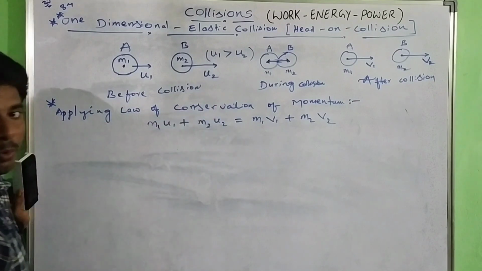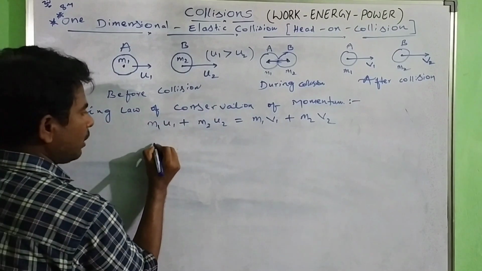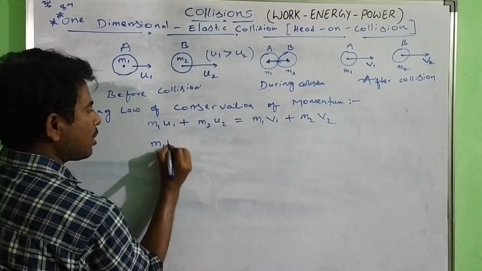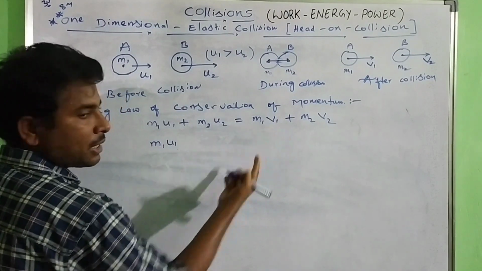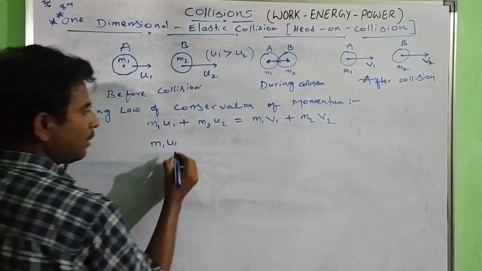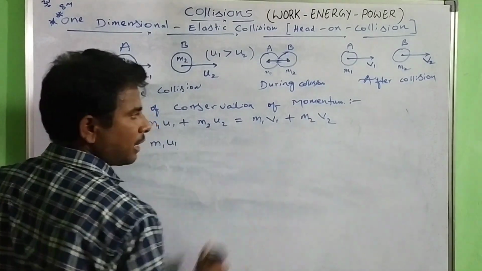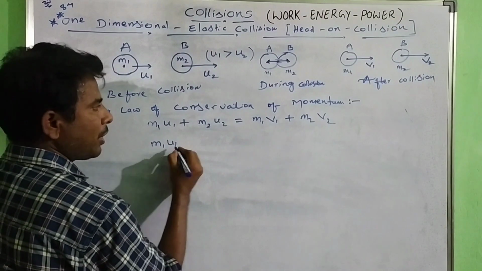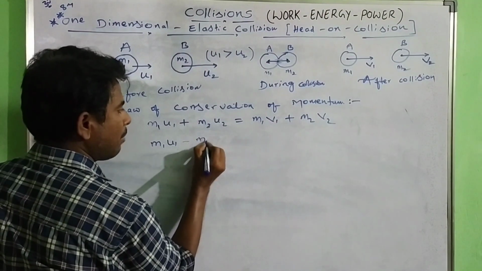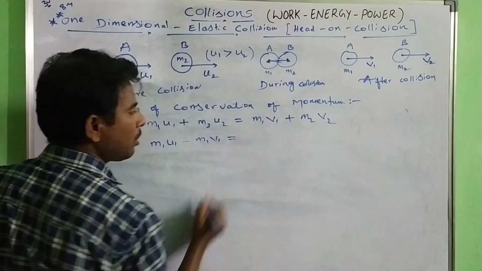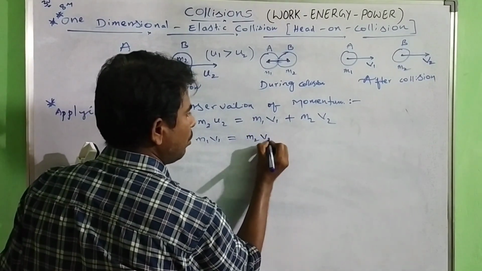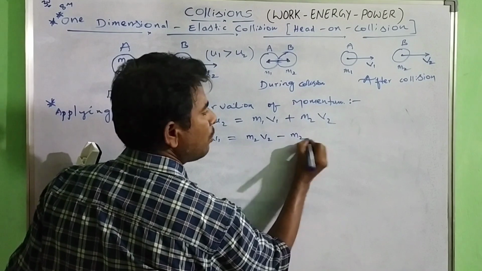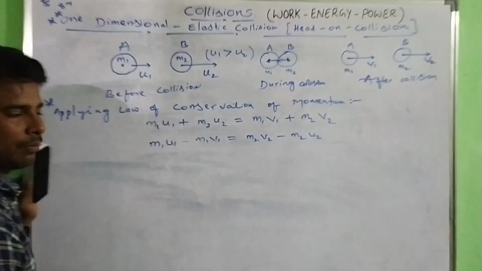Applying the law of conservation of momentum, the m1 u1 term is taken to the left side and the m1 v1 term to the right side. So m1 u1 minus m1 v1 equals m2 v2 minus m2 u2.